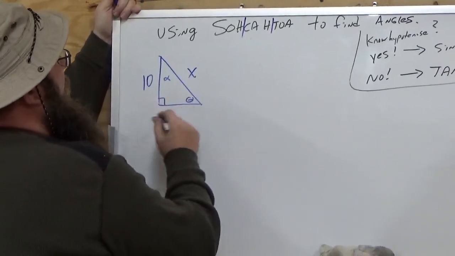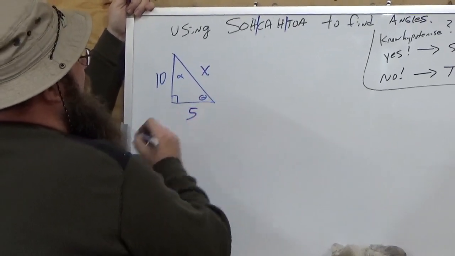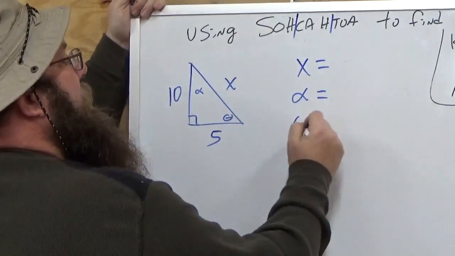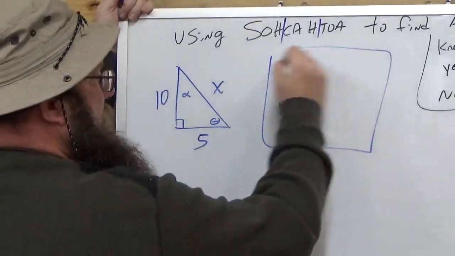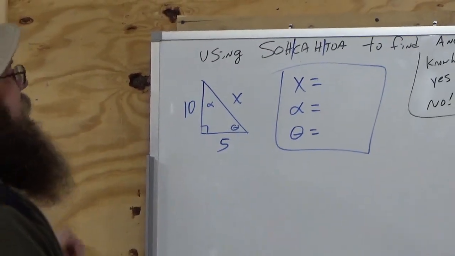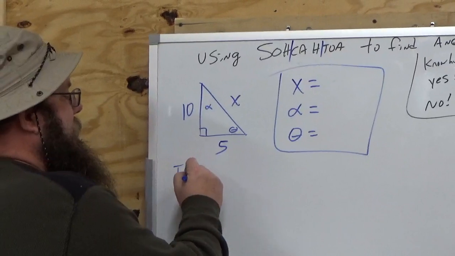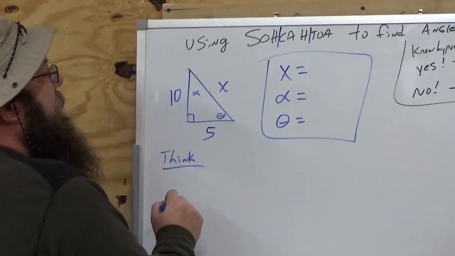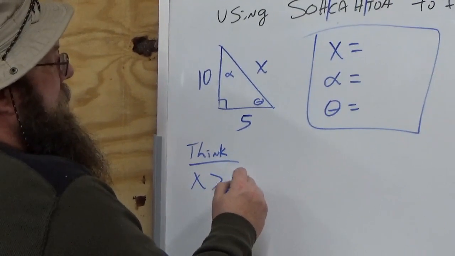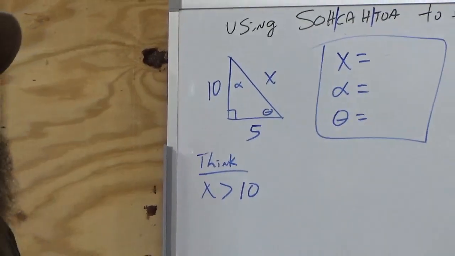So x, that's 10. Let's call this 5. Okay? So we got x, alpha, theta. All right? What's our think box? What's x have to be bigger than? X has to be bigger than what? 10. Got to be bigger than 10.